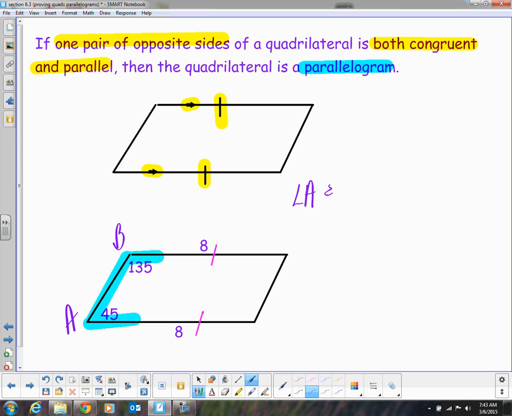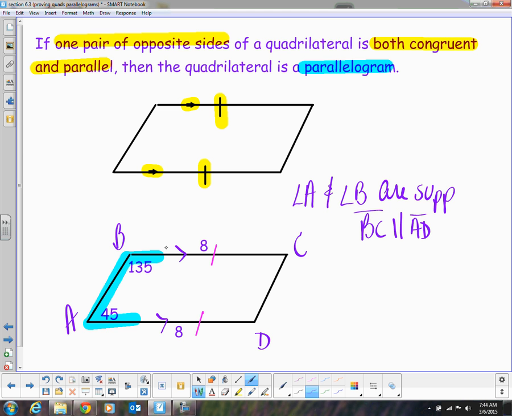Angle A and angle B are supplementary, therefore what do we know? Which lines have to be parallel? The ones that are highlighted, so BC parallel to AD. Do I have one pair of congruent and parallel sides now? Therefore, that is a parallelogram.